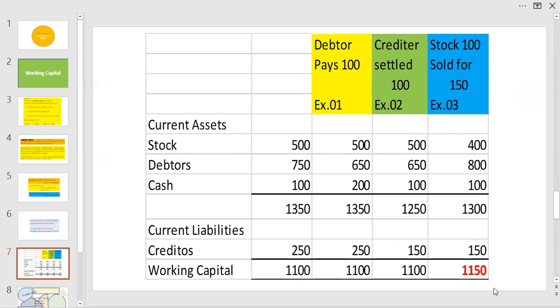Similarly, the stock has come down by 100. It means stock account credited by 100. The debit has gone to the cost of sales account and will be written off in the trading account. Now you have understood what type of transaction will affect the working capital and what will not.